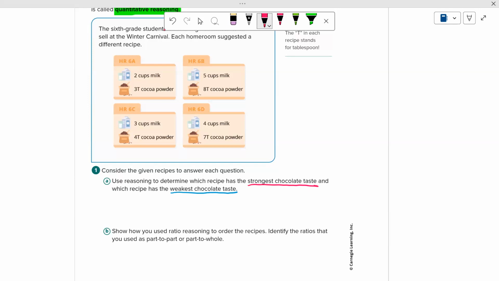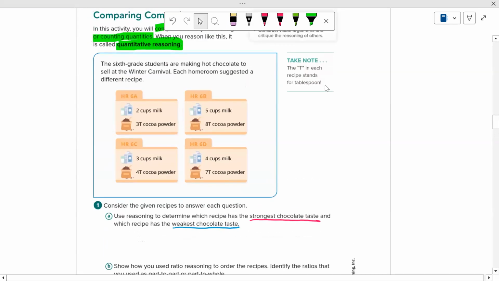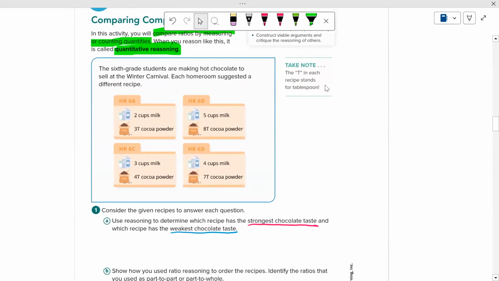Silly. So we are going to make our chocolate, our cocoa powder, be our numerator. So I'm going to write that up at the top, just so I don't forget. And you have to write them the exact same each way, or you're going to get the answer wrong. So we're going to do cocoa, C-O-C-O-A, over milk.